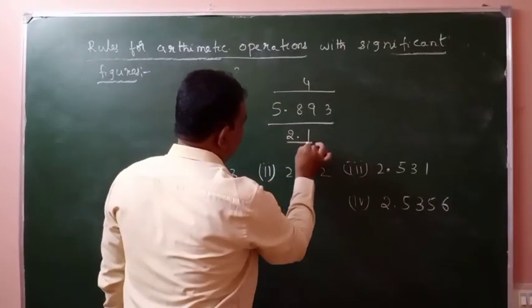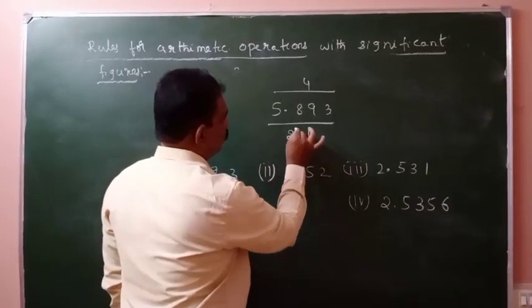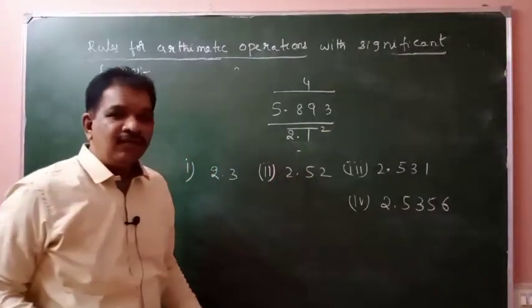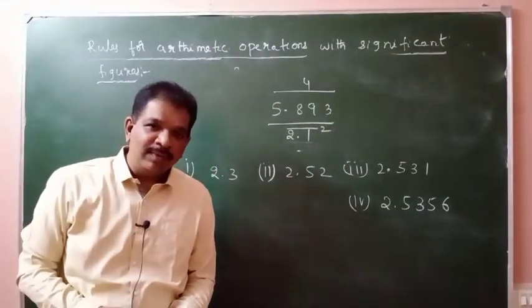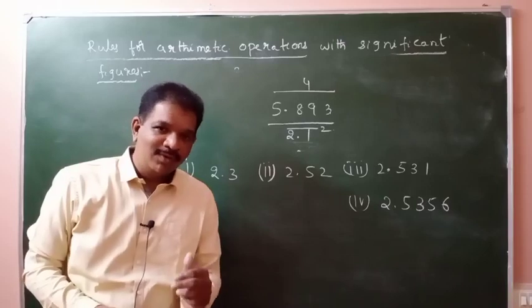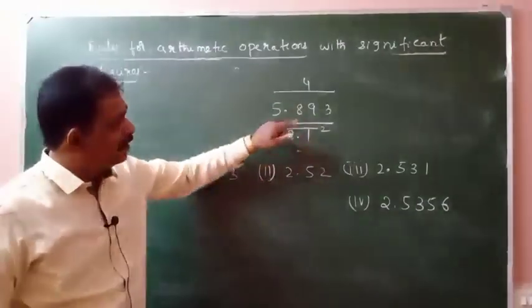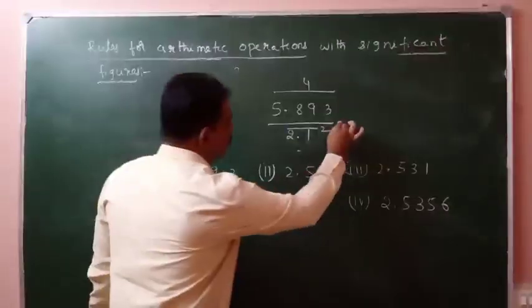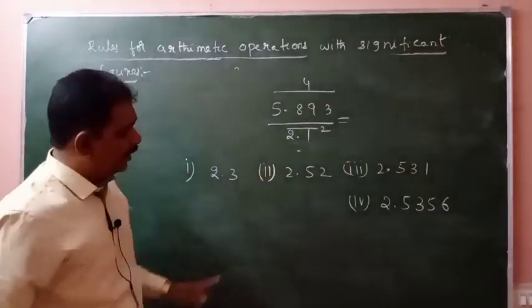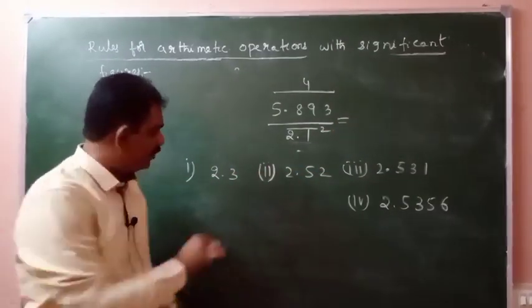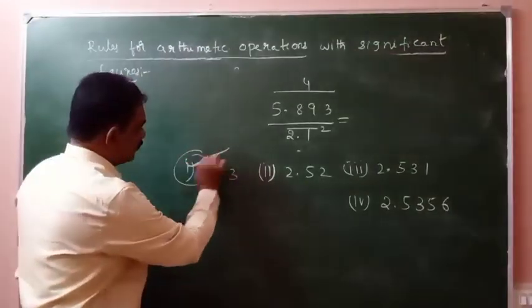And this one has how many? 2. Understanding? The final answer will also have how many significant figures? 2 only. Here in the answers, how many are having 2 significant figures? This one only. So this is the answer.